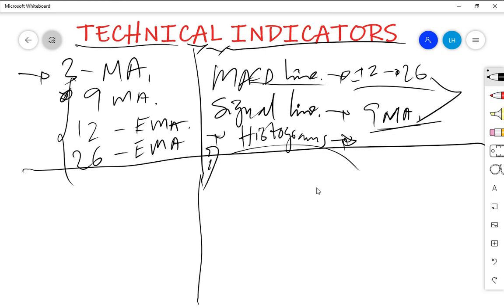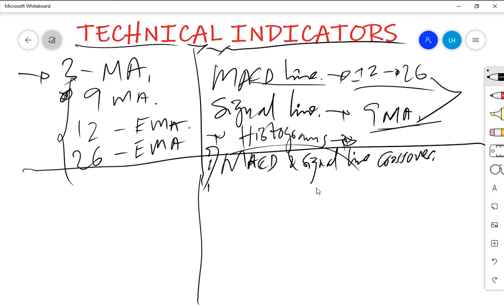The first way on how MACD is used is based on the MACD and signal line crossover.